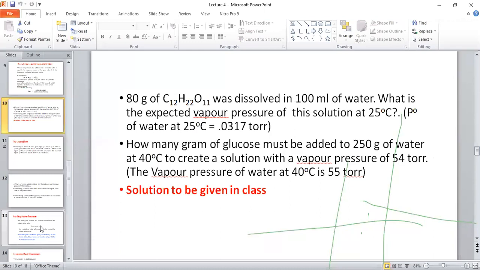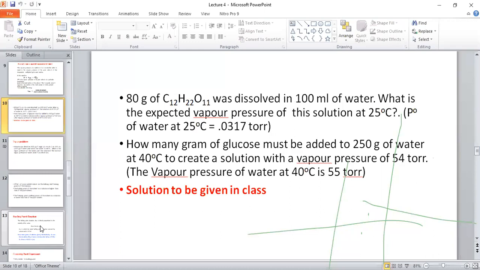Given that the vapor pressure of water on its own, the pure water without any solute in it, at 25 degrees centigrade is 0.0317 torr. So what is the expected vapor pressure of this solution?